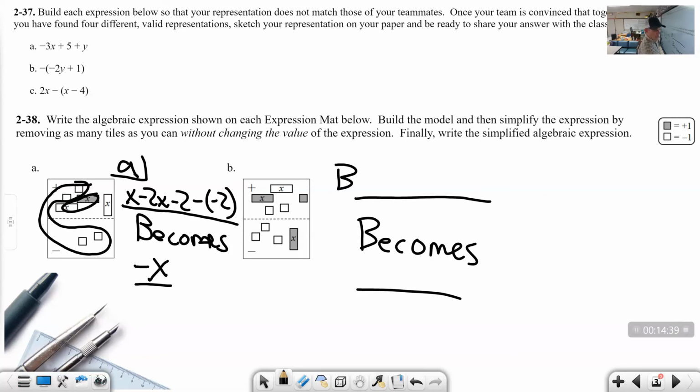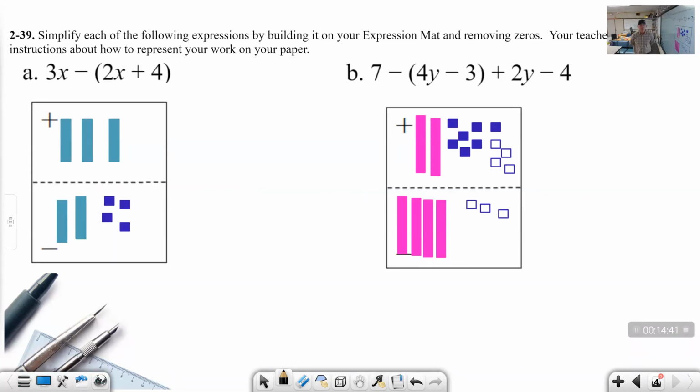All right, let's do our last problem. Same thing, but this time we're going to make sure that we draw. I want you, above the problem on the left, to write it, draw it, circle the 0 pairs, and write the simplified version underneath.